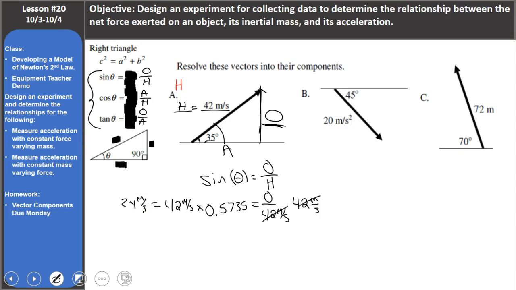So the opposite leg, that's what we just found, is equal to 24 meters per second. Right?